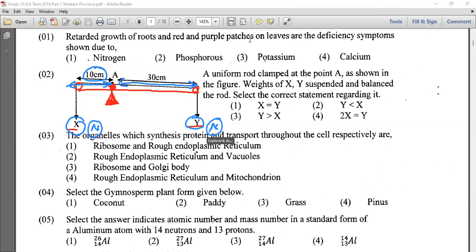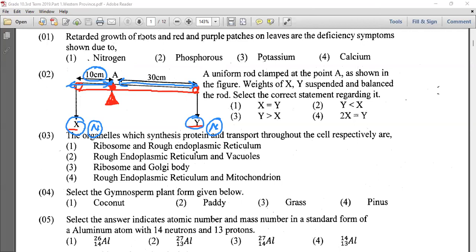Only thing you know is the length from the point A to the place where the X is hung, and the length from the point A to the place where the Y is hung.